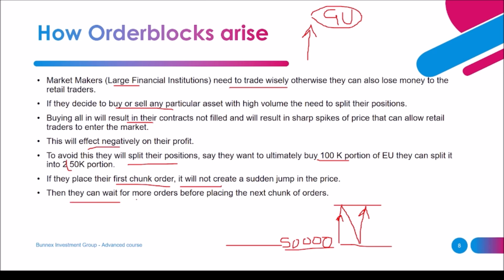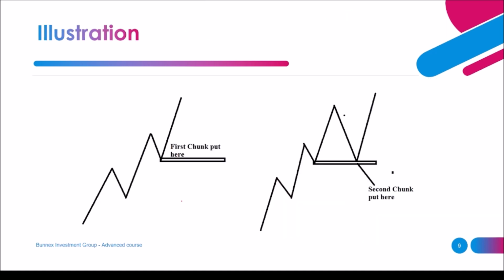Then they can wait for more orders before placing the next chunk. This is just a simple illustration. In this case, the market maker decides to enter the market. He places his first chunk of orders at this point, and later he places the second chunk at the same point after cyclic trading has been done.